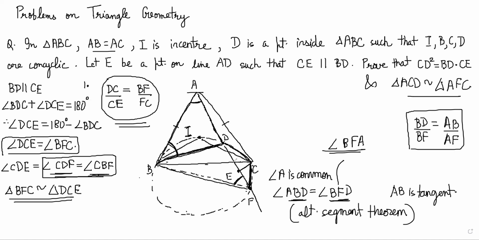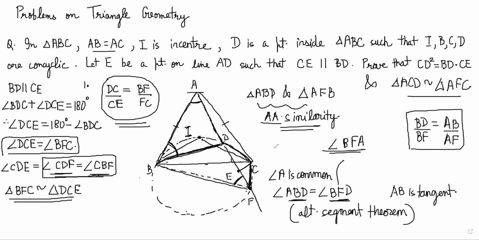Therefore, in triangles ABD and AFB, I have AA similarity now. I hope everybody is following. I got a bit confused because I thought we needed a different triangle, but by the alternate segment theorem and by one common angle, we are getting the similarity, which implies now that this is true. Now I think it is done.